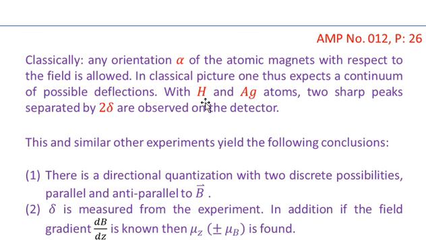But with the hydrogen atom or with the silver atoms, two sharp peaks separated by 2 delta were observed on the detector. Because with the hydrogen atom and the silver atoms, you have s electrons in the outermost shell, with orbital angular momentum equal to 0, and you have only spin related quantities.